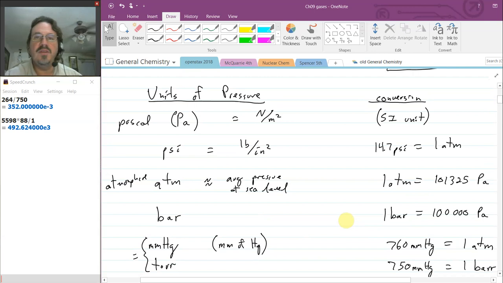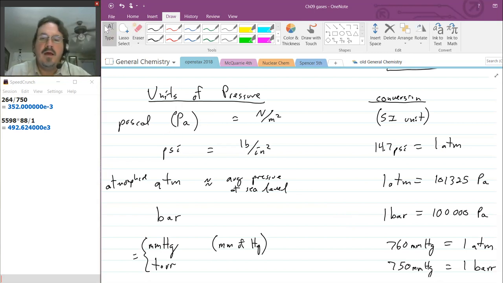The first one: what are the actual SI metric units, the official ones for pressure? Well, that's a Pascal, Pa. A Pascal is a derived unit, and in terms of base units, it's a Newton per meter squared, because pressure is force per area. The unit of force is a Newton, and a Newton is a kilogram meter per second squared.